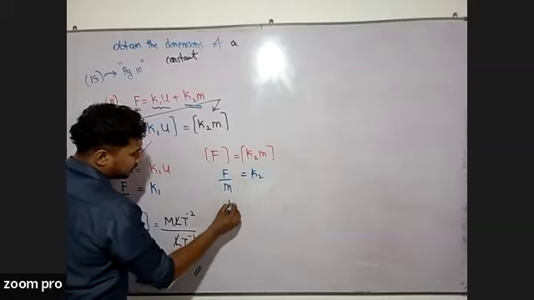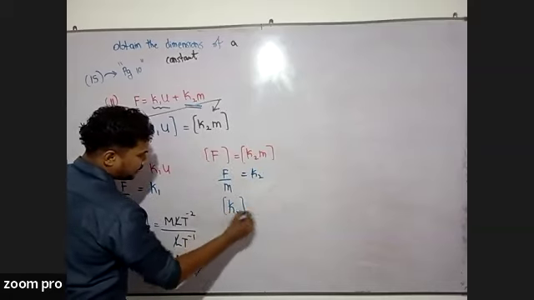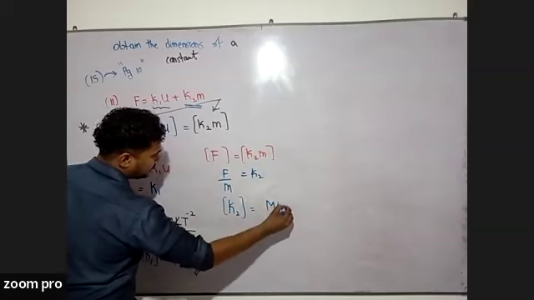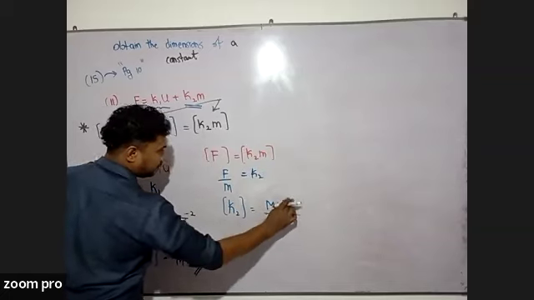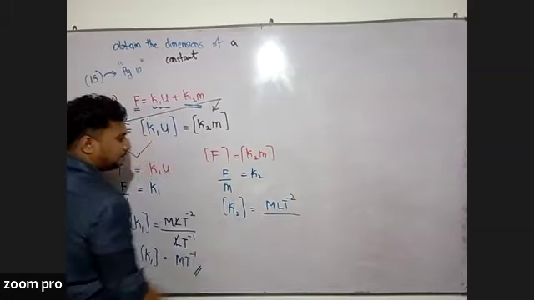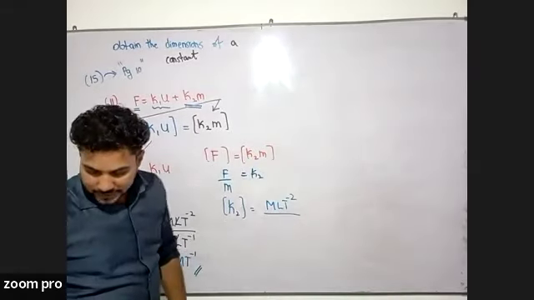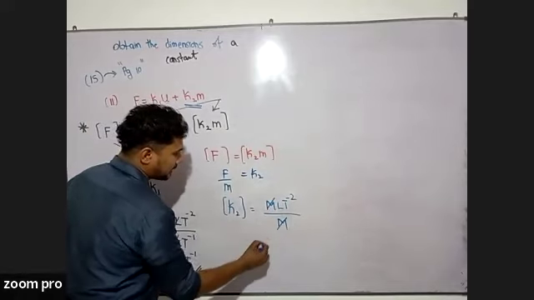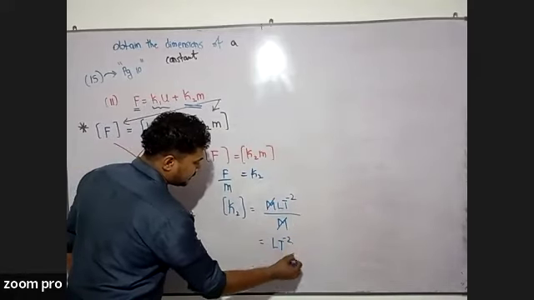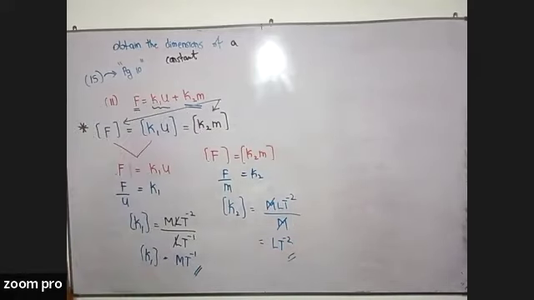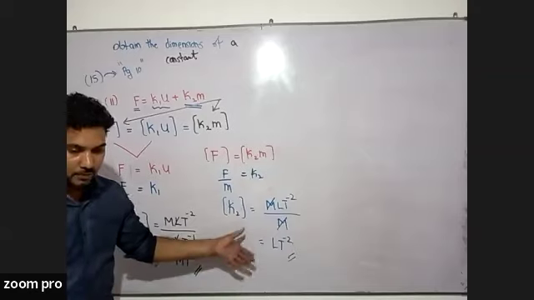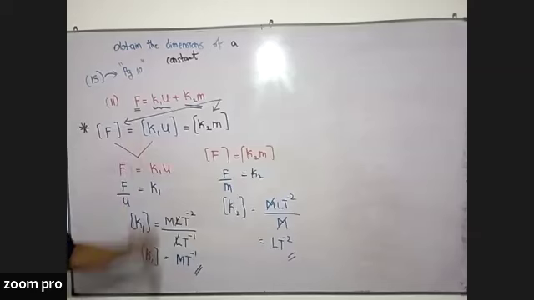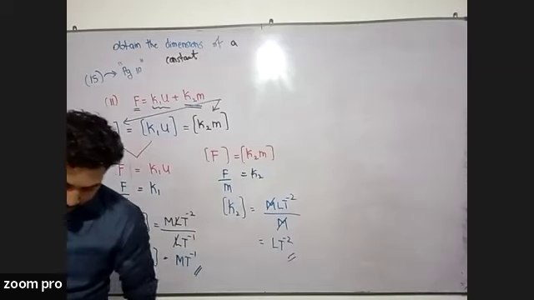Then substitute the relevant dimensions for f and m. F means MLT minus 1, sorry, MLT minus 2. M means mass, right? So what is the dimensions of mass? That is capital M. So if this cancels, then this is the dimensions of k2. So likewise, this is the way we obtain the dimensions of two constants in a given equation.